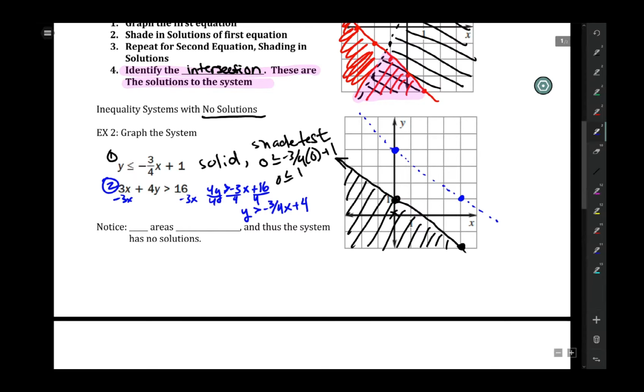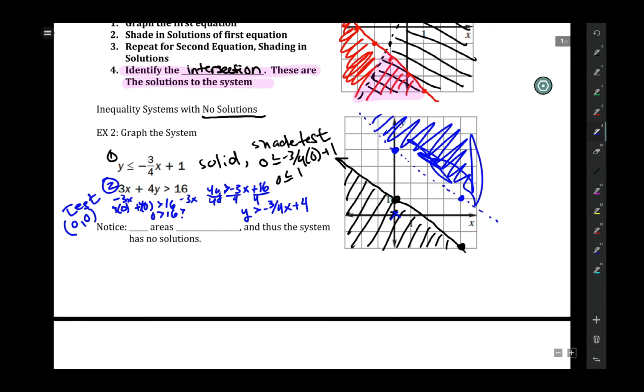So we still need to test 0, 0. So is 0 plus 0 greater than negative 16? That is true, so I will shade everywhere above.